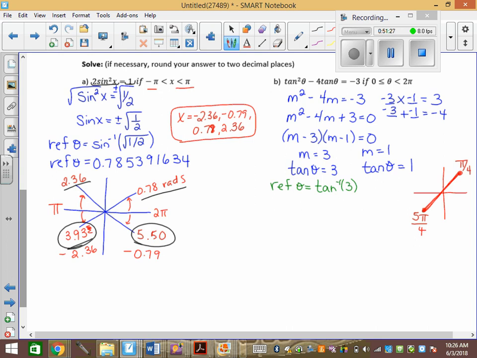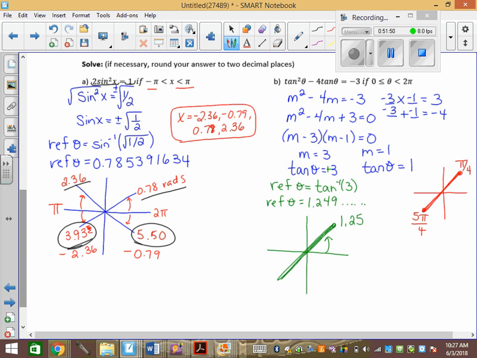So I'm in radian mode. I go second tan 3, and I get reference theta equals 1.249 dot dot dot. And I use my CAST rule. It's tan positive 3. Tan is positive here and here. So this is the answer if it's in quadrant 1, so 1.25 rads.